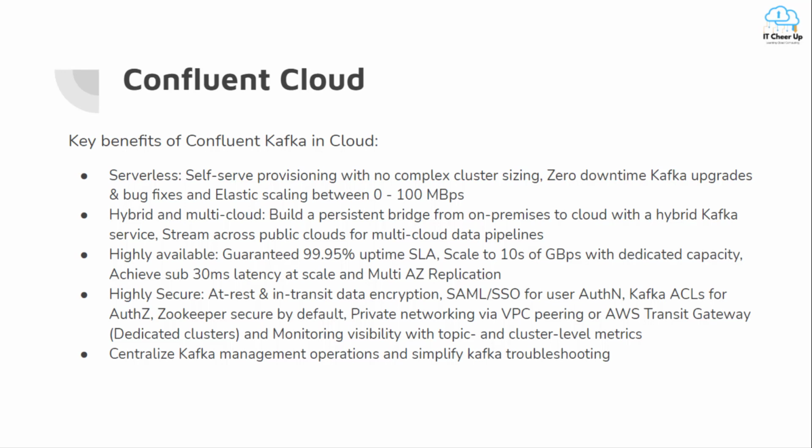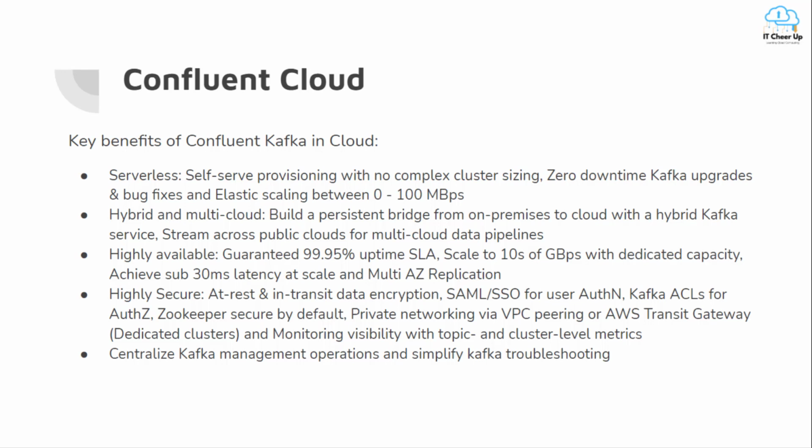It builds a persistent bridge from on-premise to cloud with a hybrid Kafka service, and streams across public clouds for multi-cloud data pipelines. It offers high availability, a guaranteed 99.95% uptime SLA, scales to tens of Gbps with dedicated capacity, and achieves sub-30 millisecond latency at scale, and multi-AZ replication.